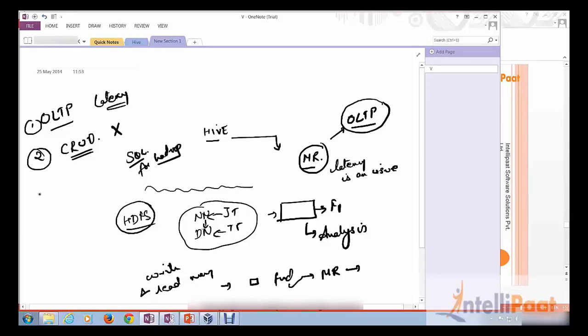Also, when you have a very small data set, you'll be better off writing MapReduce, because the amount of infrastructure involved in setting up Hive, having an RDBMS to store meta information and things like that, wouldn't be justified.